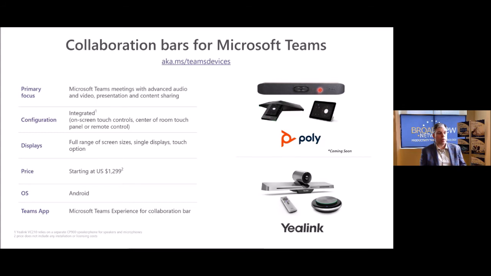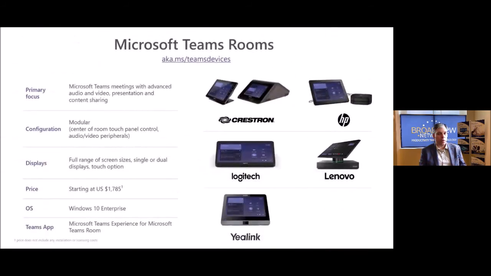Most of these collaboration bars have speakers, microphones, and cameras built in and can handle rooms anywhere from 5 to 10 feet deep. Some of them even handle rooms that are 20 to 30 feet deep, 15 to 20 feet wide without a problem.